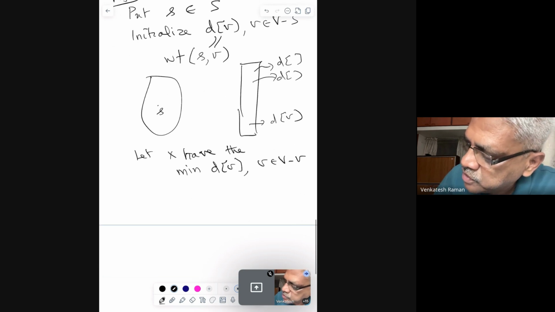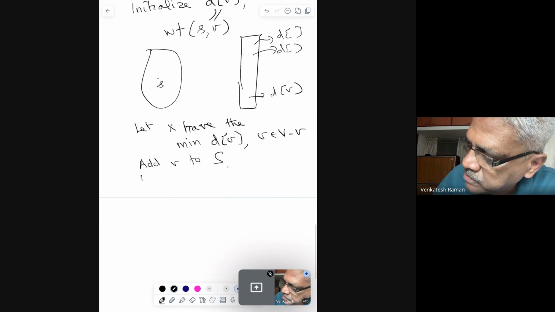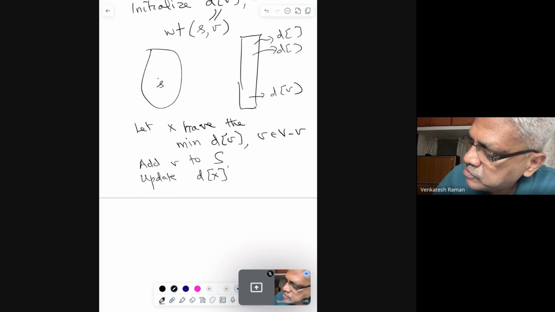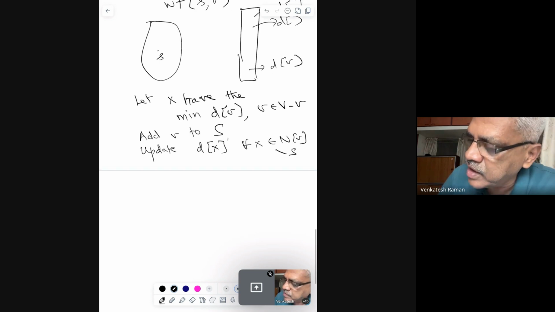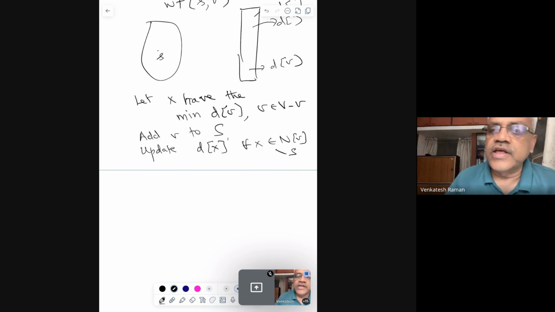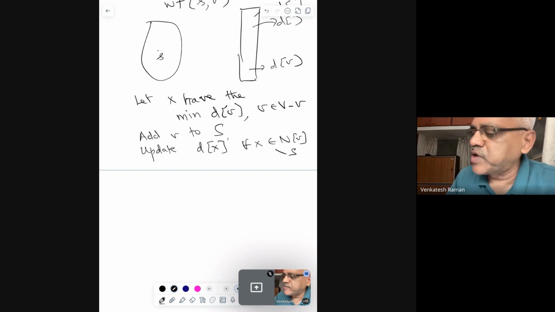What we will do is add x to S. Update d(x) for all x in the neighborhood of v minus S. Okay, I'll write it down and then we'll give you a description, the picture, and then we'll do the analysis.